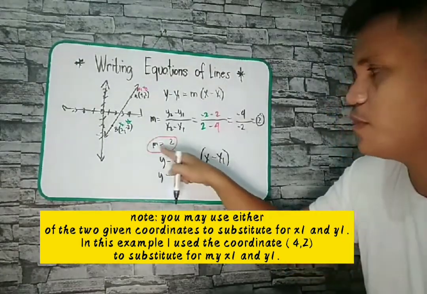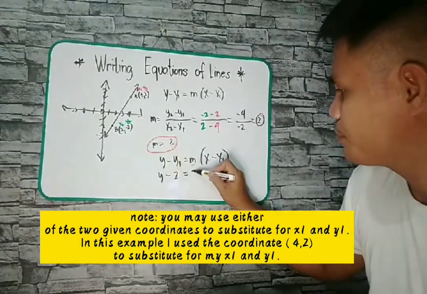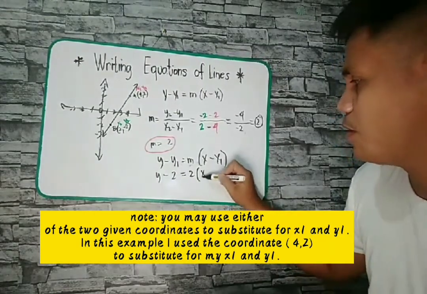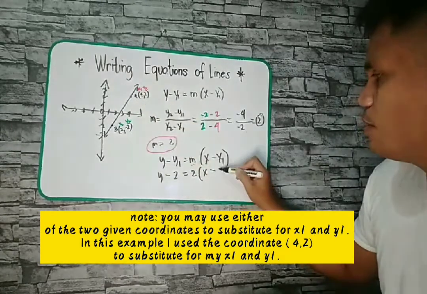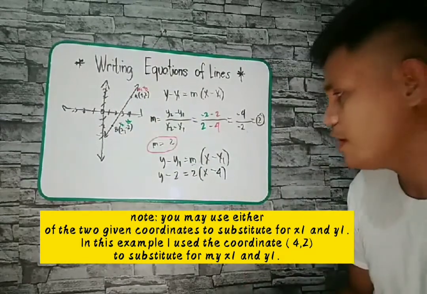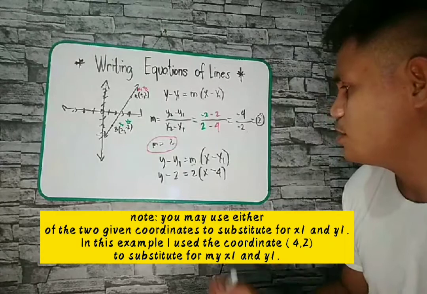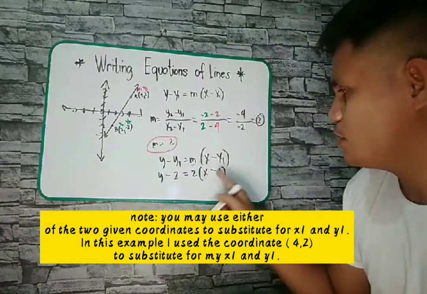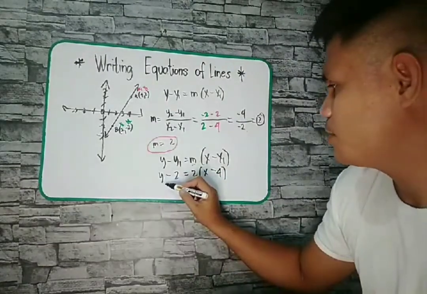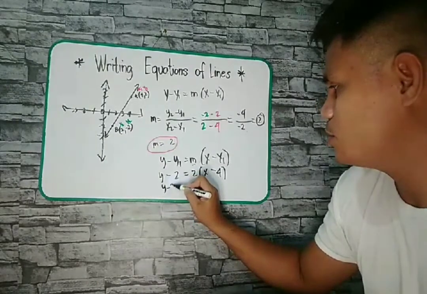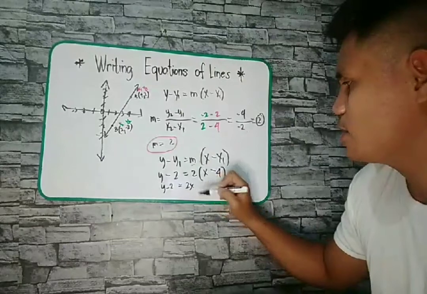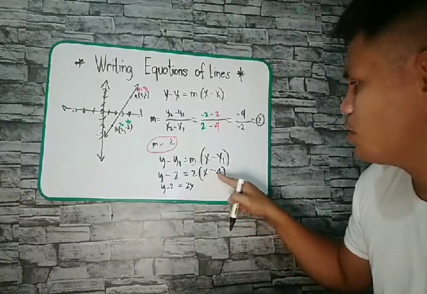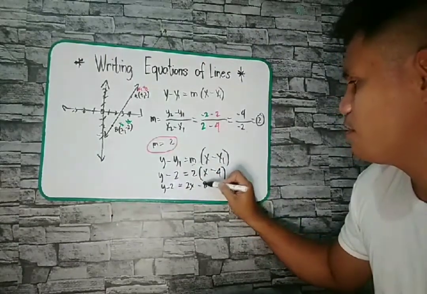What's the value of m? That is 2. And then just copy the variable x minus what is x1. x1 is positive 4. Okay? Now let's just multiply this using the distributive property of multiplication. So we have y minus 2 is equal to 2 times x, that will give you 2x, and then 2 times negative 4, that will give you negative 8.